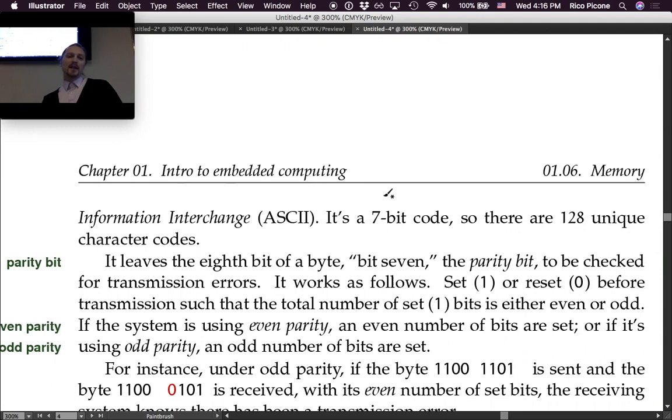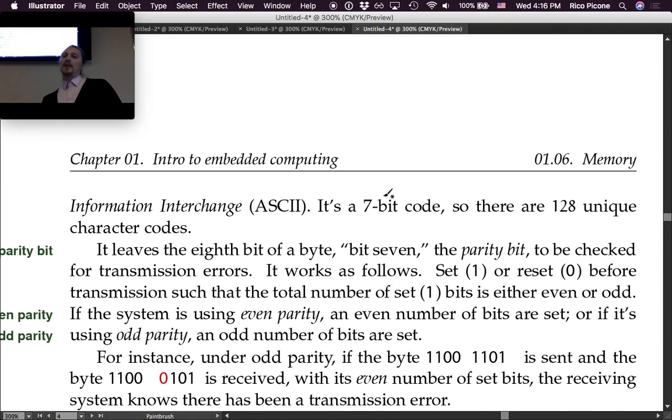This is how people say it. It's a 7-bit code, so there are 128 unique character codes. It leaves the 8th bit of a byte, called bit 7, because there's bit 0 through bit 7, as the parity bit, to be checked for transmission errors.